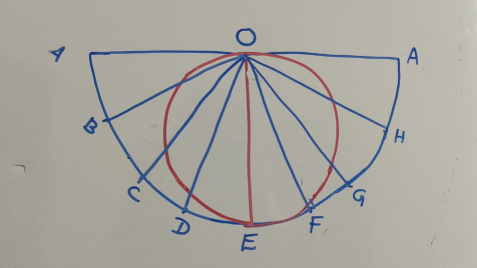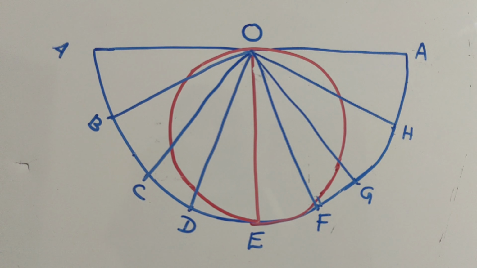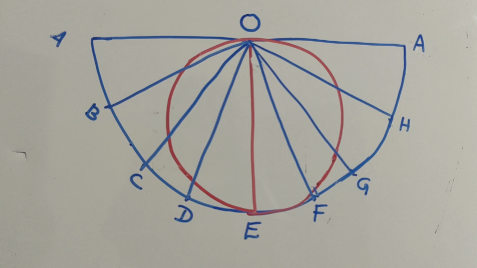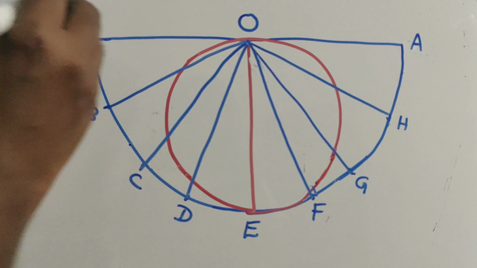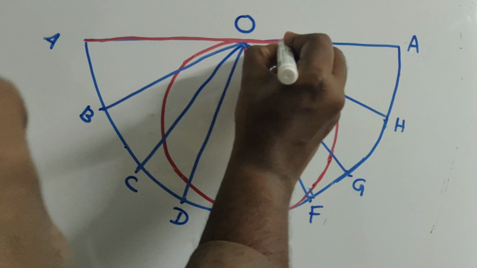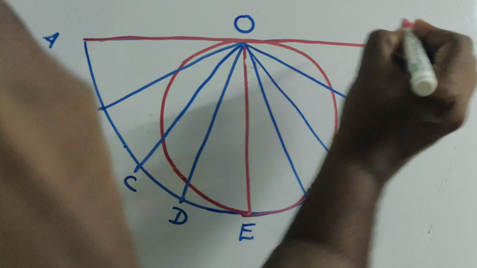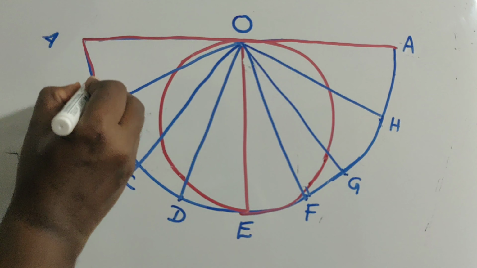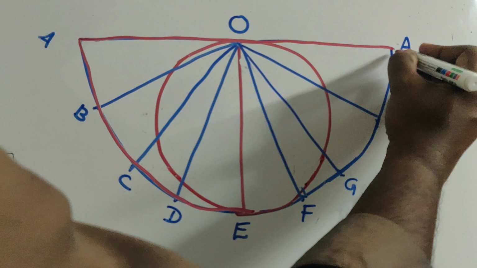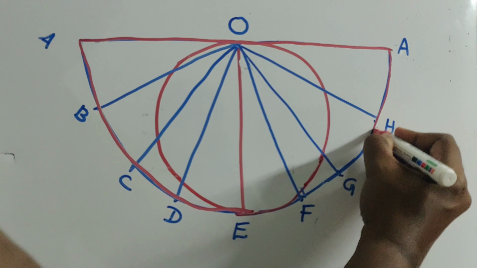This is the development. I have divided the development into 8 equal parts. As usual, the outermost portion can be drawn with red color, since that is the only visible portion of the development.